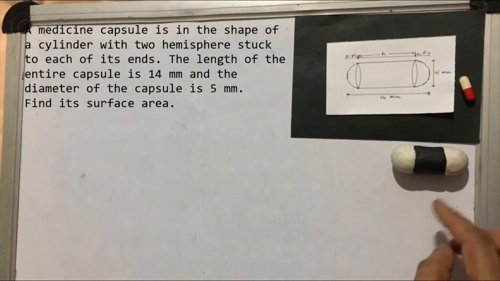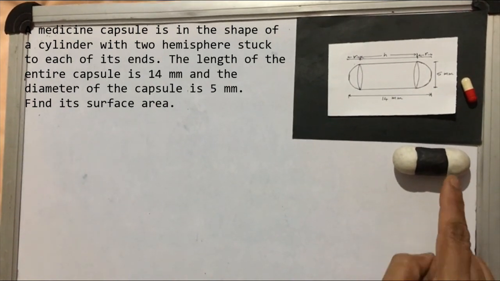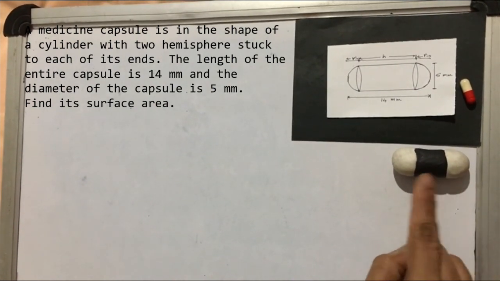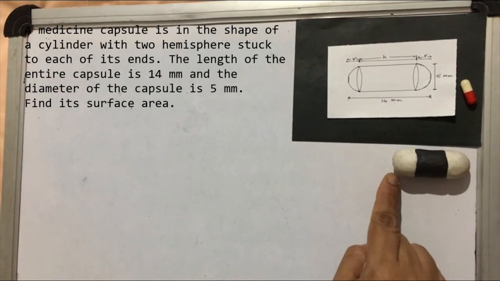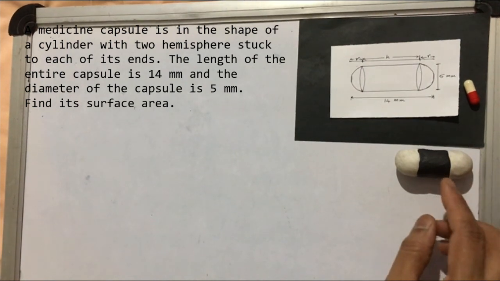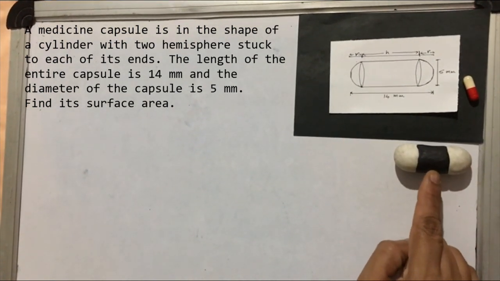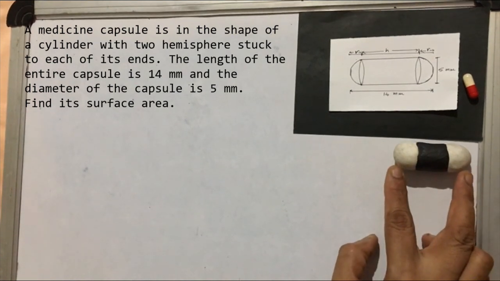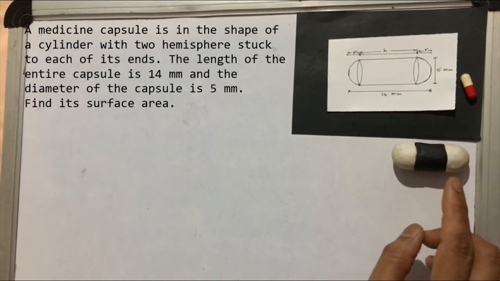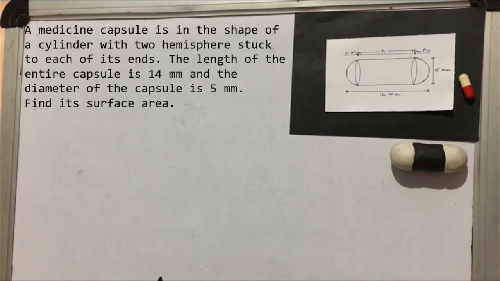They told us to find the surface area of this capsule. So, what is the visible area? CSA of the cylinder plus this CSA of a hemisphere plus this also CSA of a hemisphere. It means the total surface area of this capsule is the CSA of a cylinder plus 2 times the CSA of a hemisphere, because the radii for both hemispheres and the cylinder are the same.